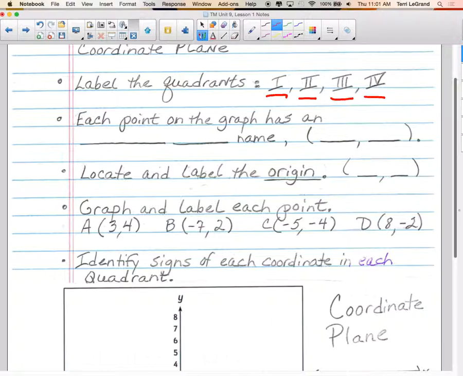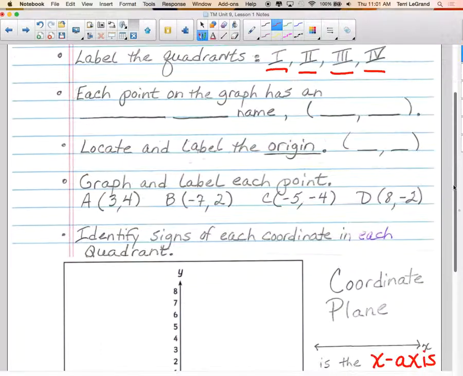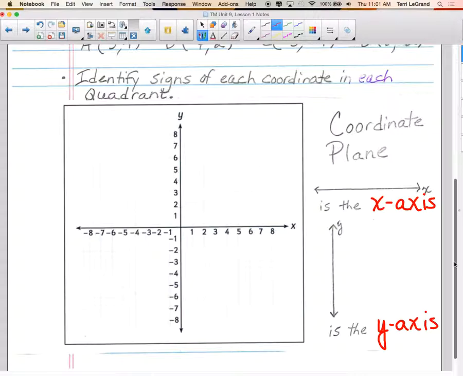There are 4, aren't there? Anybody know where we start with number 1? Which one is called quadrant 1? Upper left, upper right, lower left, lower right. Which one? Right here? Upper right, yeah. They start here. There's quadrant 1. Put that right on your graph there.